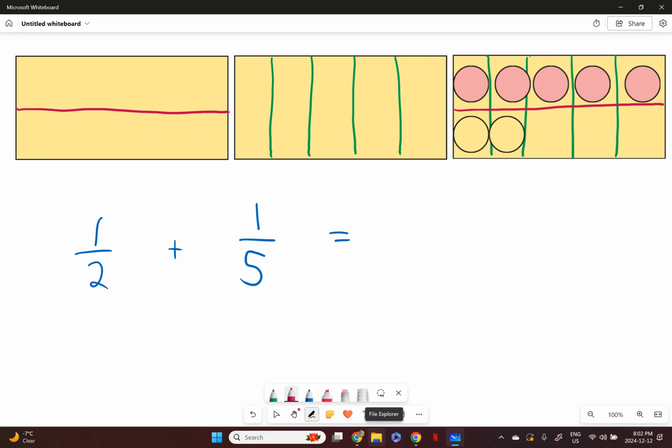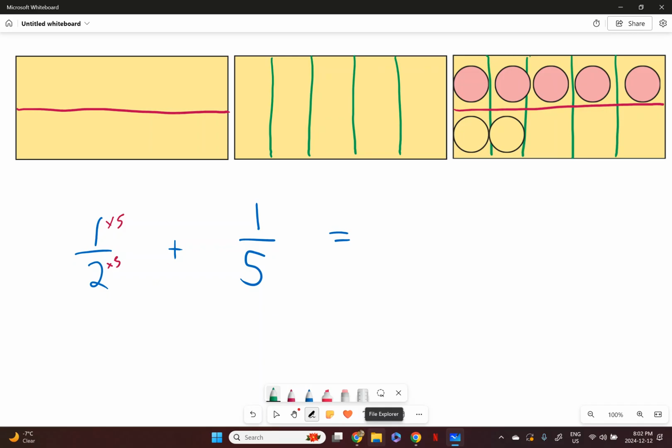So I'm going to start with my first fraction, 1/2. When I'm finding an equivalent fraction, what I do to the bottom, I have to also do to the top. So I know that if I multiply 2 times 5, that's going to give me 10 on the bottom. I also have to multiply my numerator by 5.